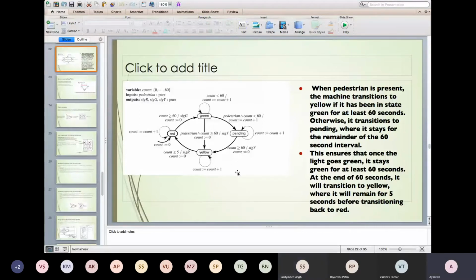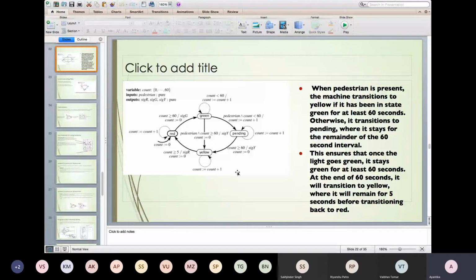Your main specification is that you have to be at least 60 seconds in the green state, maybe within exactly the green state or total green plus pending state. But what you have to ensure, when you are coming out from this pending, wherever you have increased that count value, is that finally the count value is greater than or equal to 60. That condition should be satisfied.